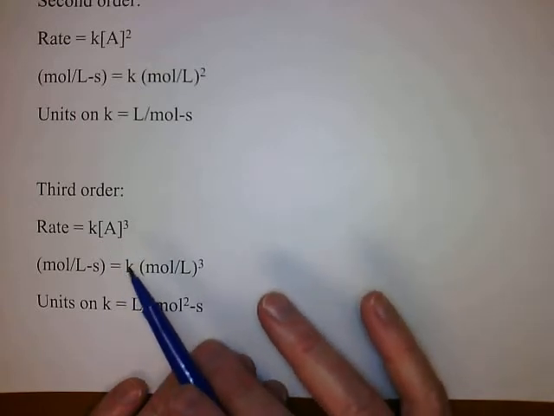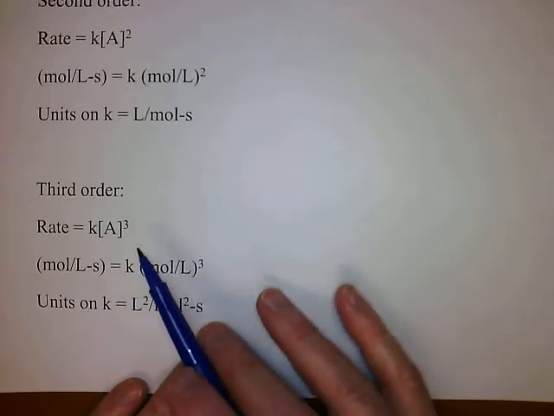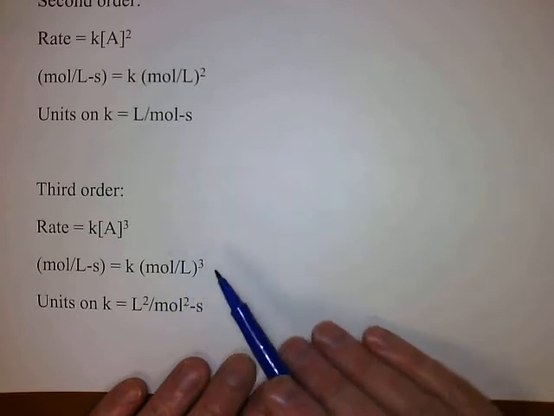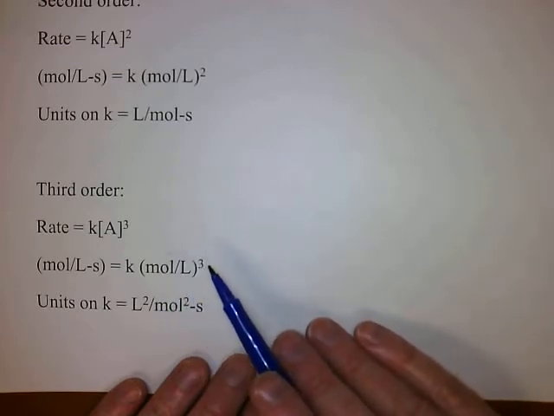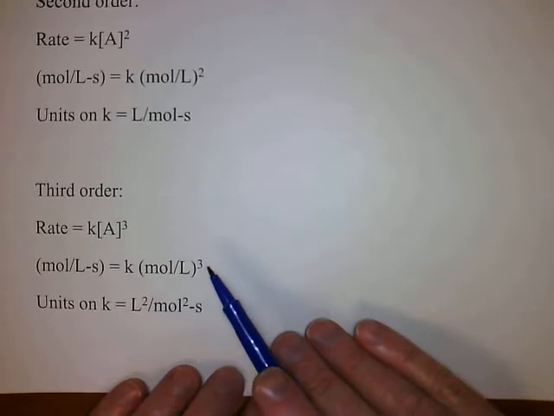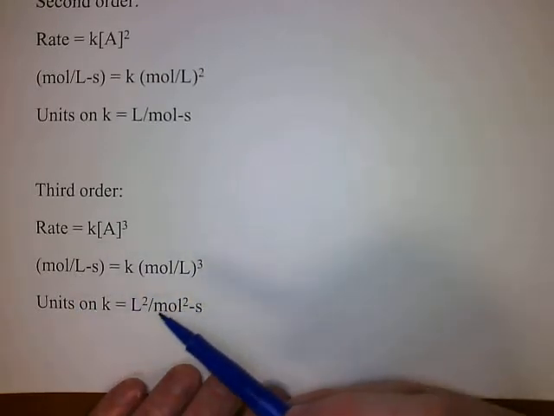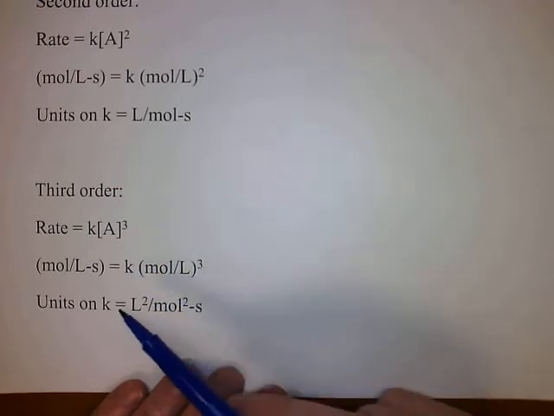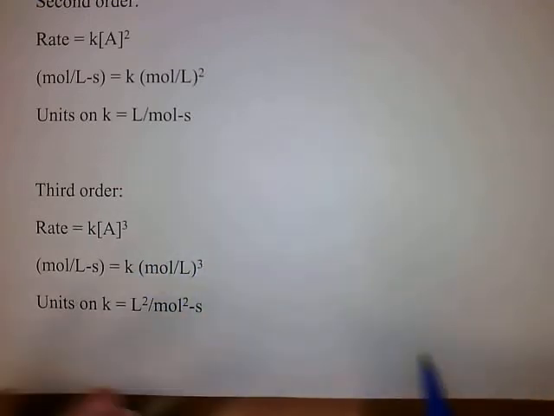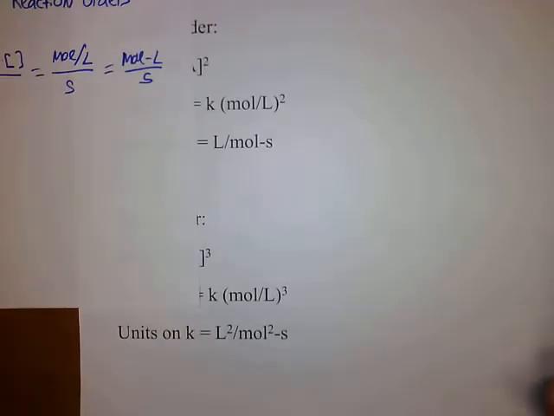The units on k is what we're trying to figure out, and concentration is moles per liter, except that's now cubed. Okay, that's now cubed. So some of the moles and the liters cancel, and the units on k come out to be liters squared per mole squared per second.